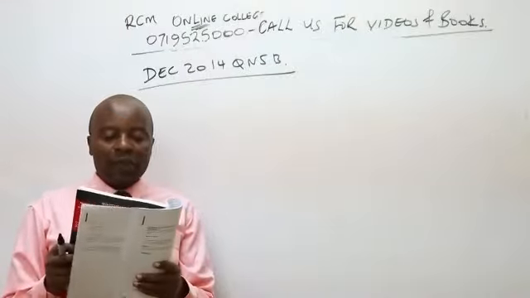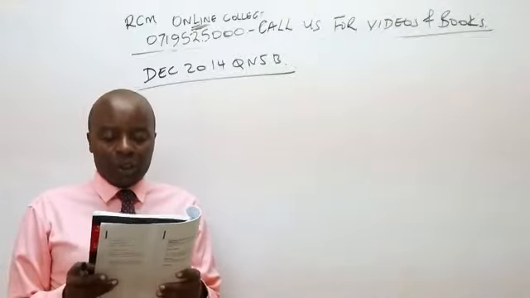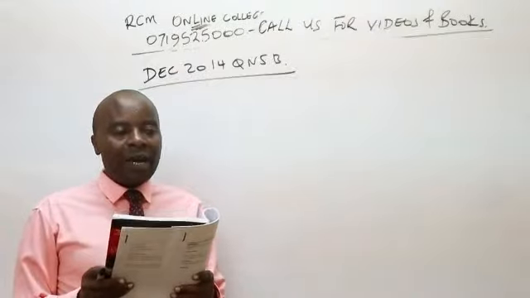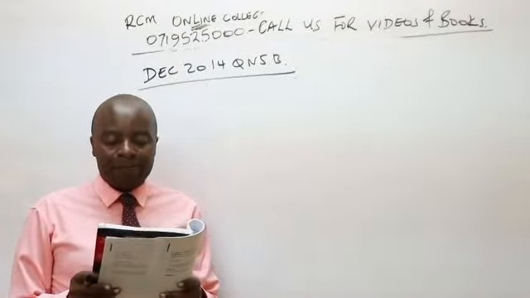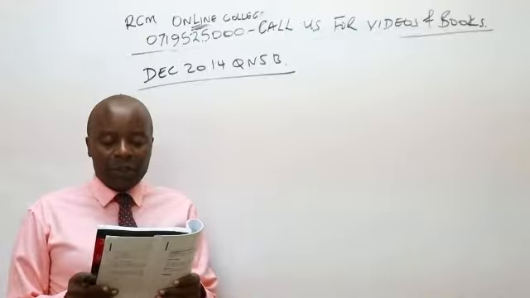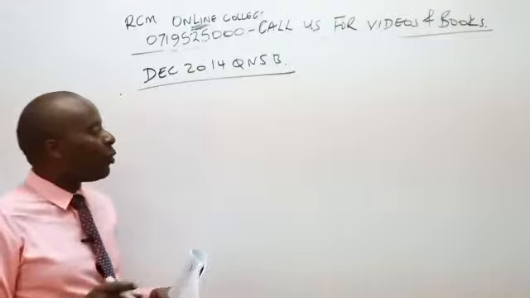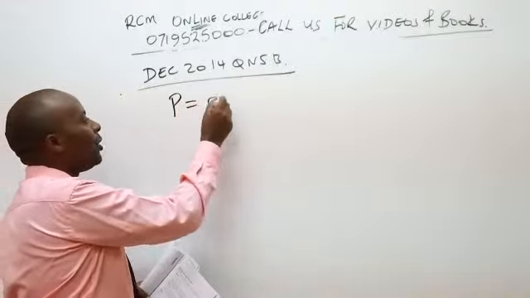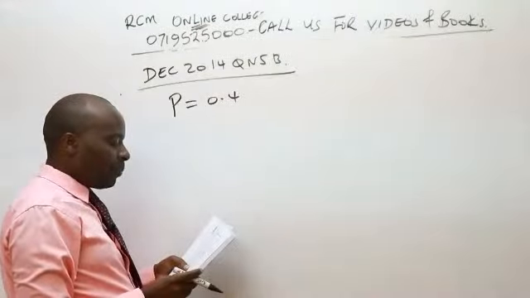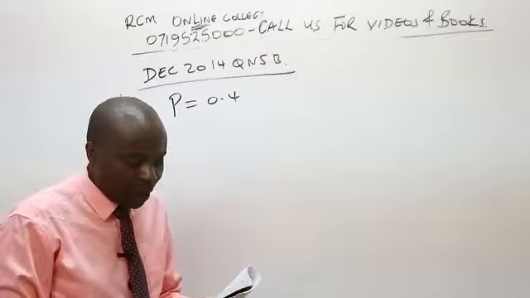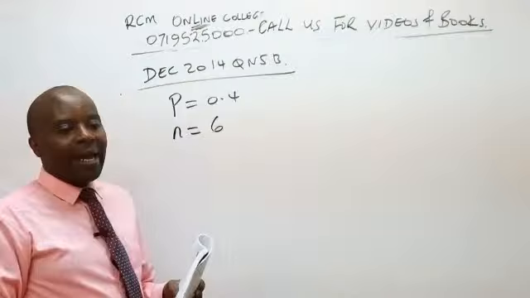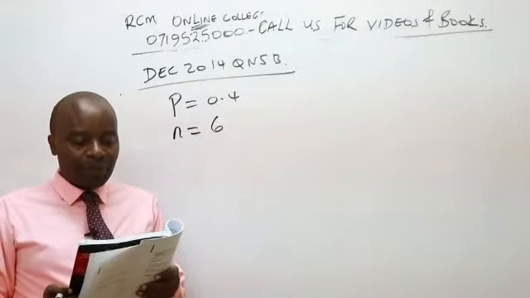We are told a survey was conducted in Pamoja village to establish the proportion of households that were affected by a certain pandemic. The results indicated that 40% of the households in the village were affected, so P is 0.4. A sample of 6 households was randomly selected from the village, so our N is 6.